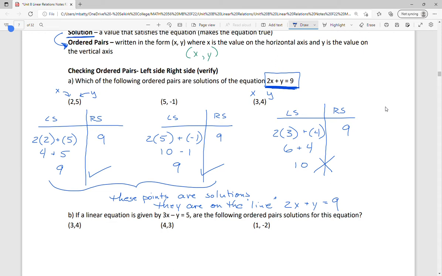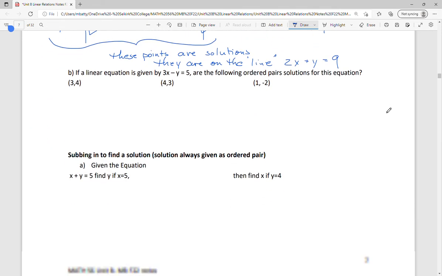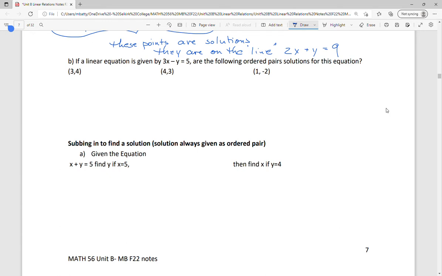So what we're going to do is take the next equation and verify these possible solutions. We've switched up, and we have a different linear equation here. It's linear: it has x's and y's and no exponents in it. And this one's saying, check these ones out. If x is 3 and y is 4, is that point on this line?